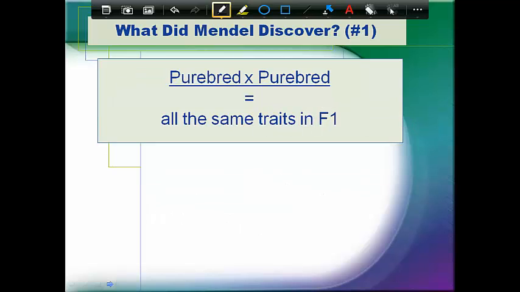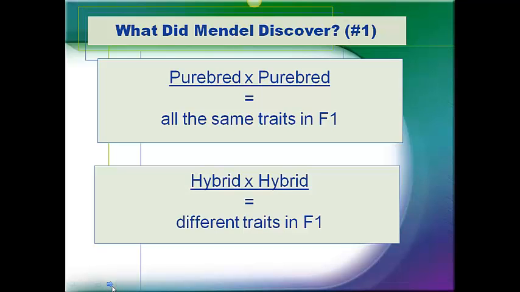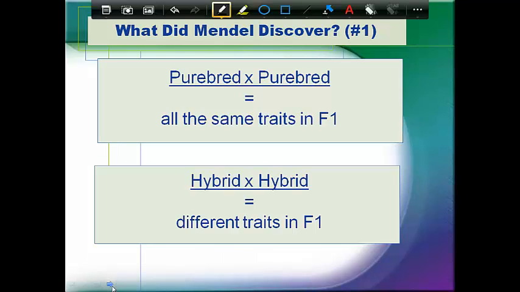But then the curious thing that happened, and the thing that he didn't expect, is that when he crossed those F1 offspring, and he cross-pollinated those, just like you did with your foil peas, he got different traits. Those offspring, those F1s, are now called hybrids.